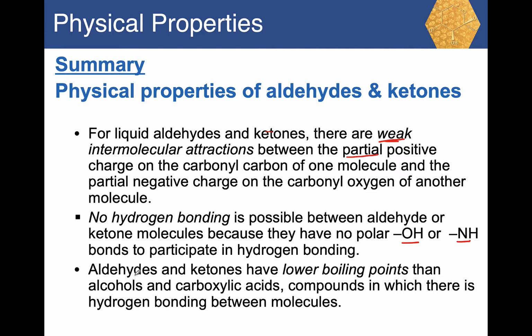So aldehydes and ketones tend to have lower boiling points than alcohols, and we'll see later on, carboxylic acids. But the main thing here is that alcohols have the possibility of hydrogen bonding, and ketones and aldehydes do not have the possibility of intermolecular hydrogen bonding.